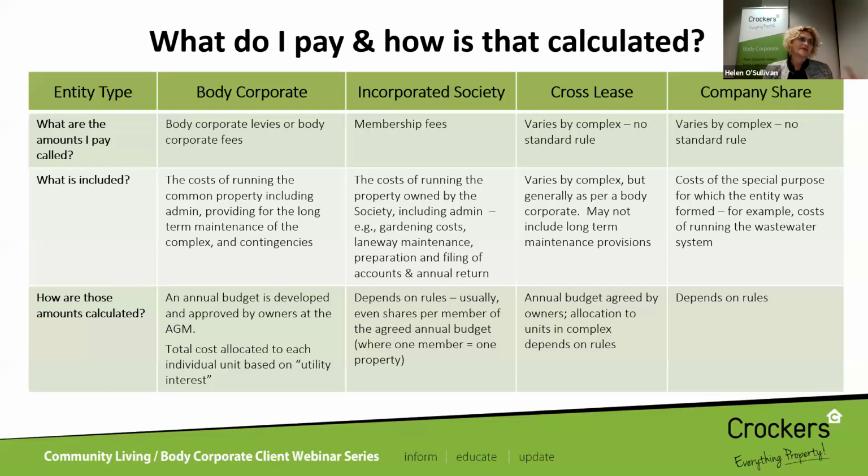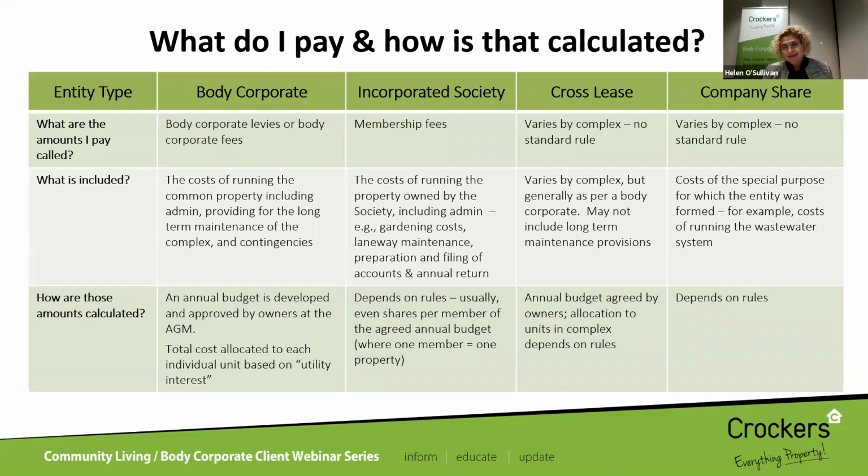And so there's a very specific formula relating to each asset class, which again is driven by the rules of the society. And then the Hobsonville Point, McLennan Park, which are both resident societies we manage, they just have a flat fee per owner, which kind of covers roughly what the anticipated activities for the year are.